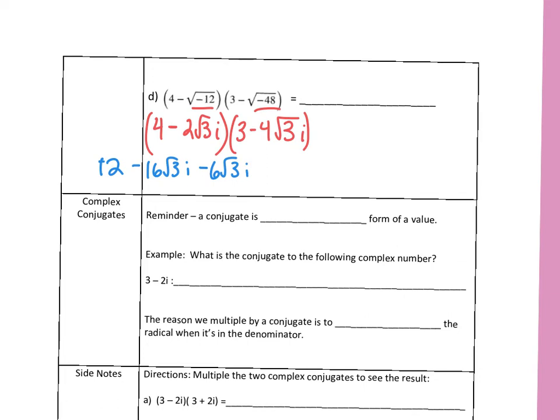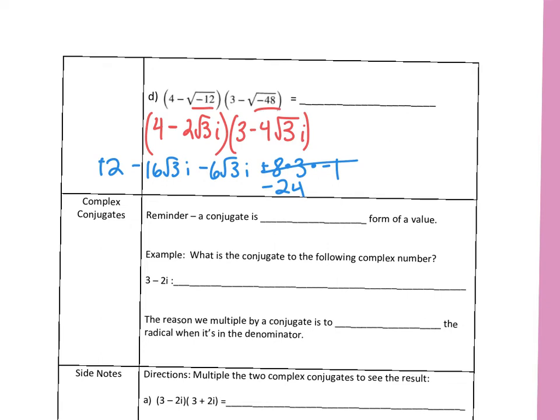And then the last piece, negative 2 square root of 3i times negative 4 square root of 3i. Positive 8 times 3 times negative 1. What is positive 8 times 3 times negative 1? Negative 24. So this piece just becomes negative 24.